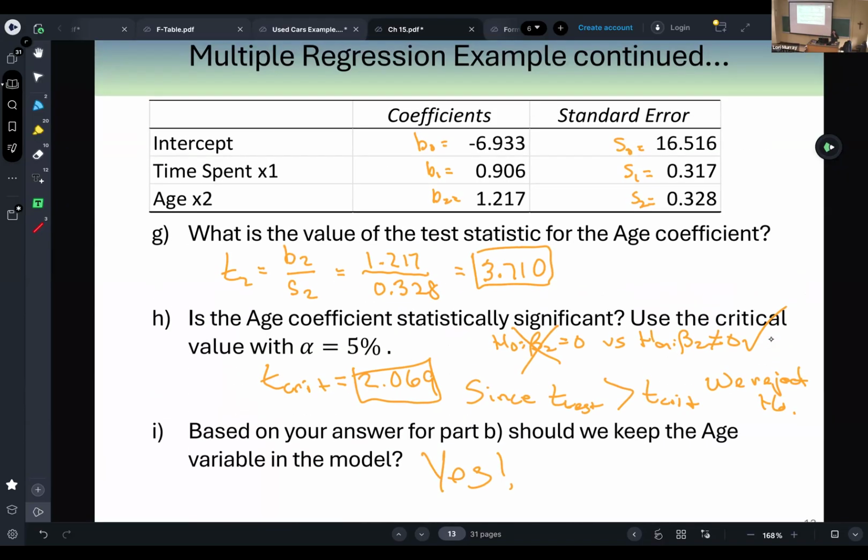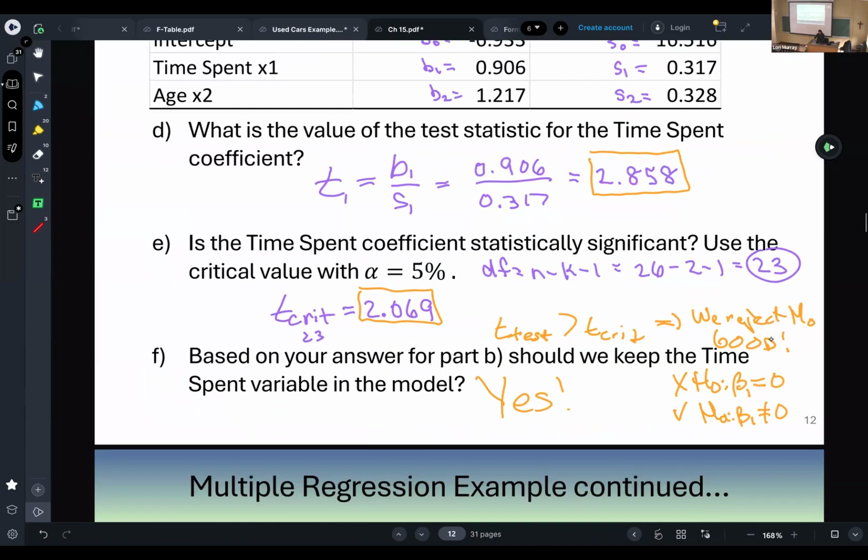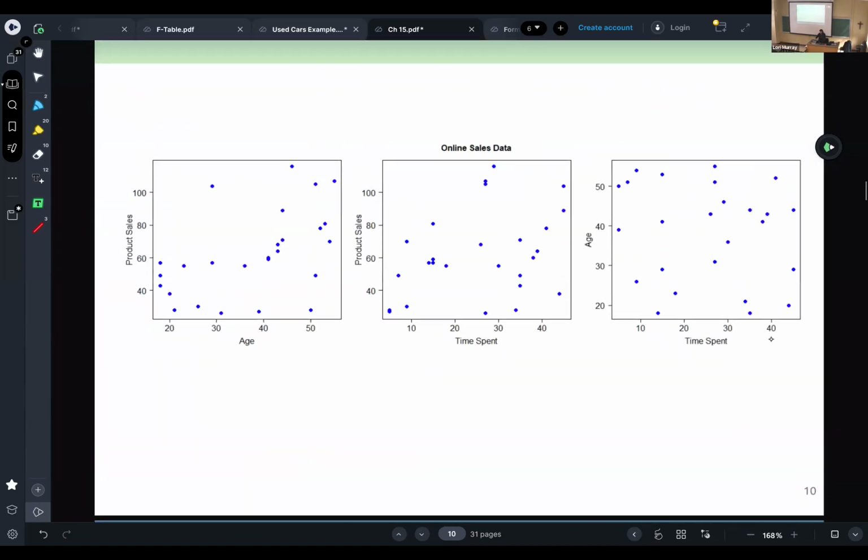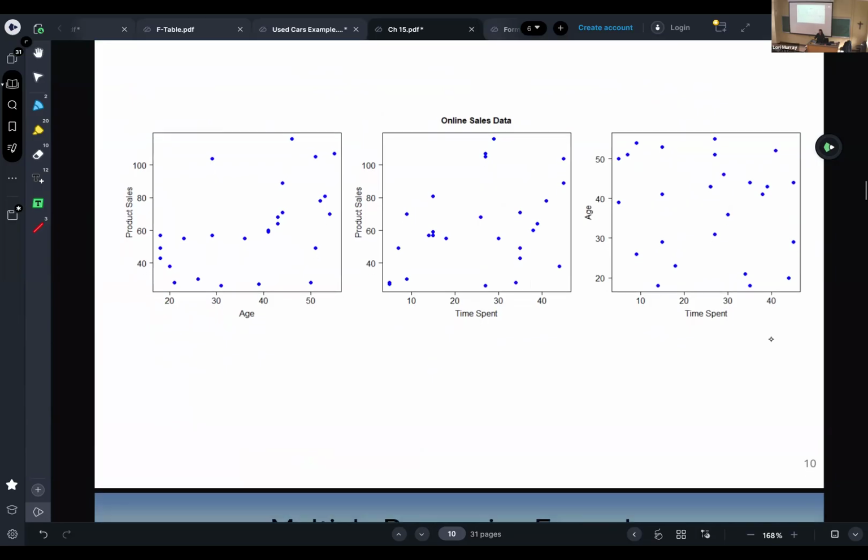So we have a two predictor model, and now we can proceed at this point to go ahead and make predictions. If you go back to the pictures I had here, you'll see that these plots would never have told us that there are relationships among those variables at all with 26 customers.